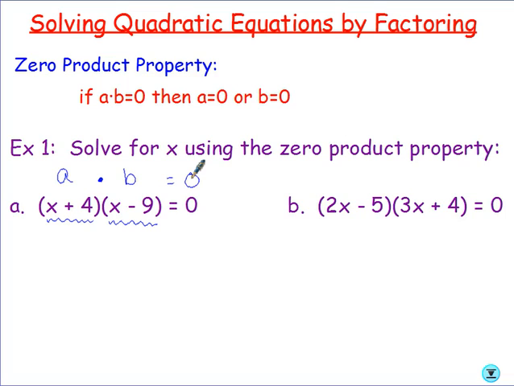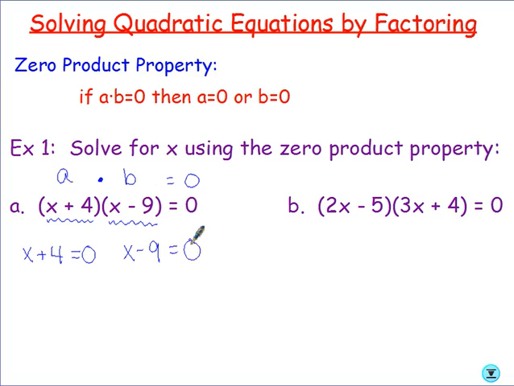So since our equation really looks like that, then we should be able to say, well, A, and A in this case is x plus 4, must equal 0, or B, which is x minus 9, must also equal 0.